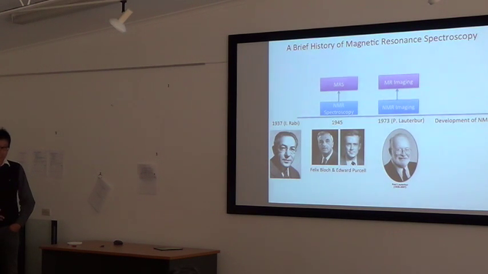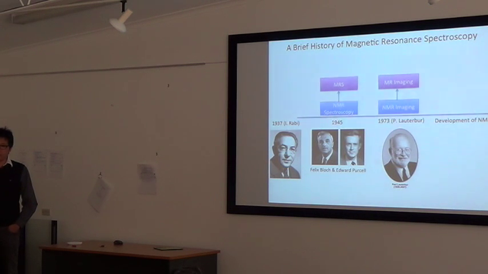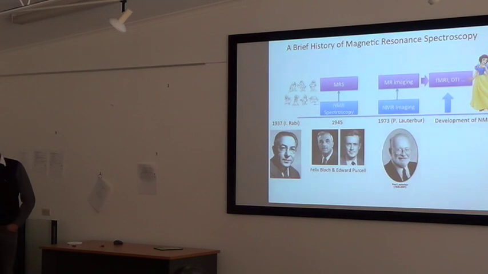And then in 1973, Professor Lauterbur produced the first NMR imaging using NMR technique, and then this later on was transferred into MR imaging for medical use. And later on we have the functional MRI and the DTI techniques, and then we have our Snow White. So from this picture we can see that spectroscopy is at least 28 years older than Snow White.